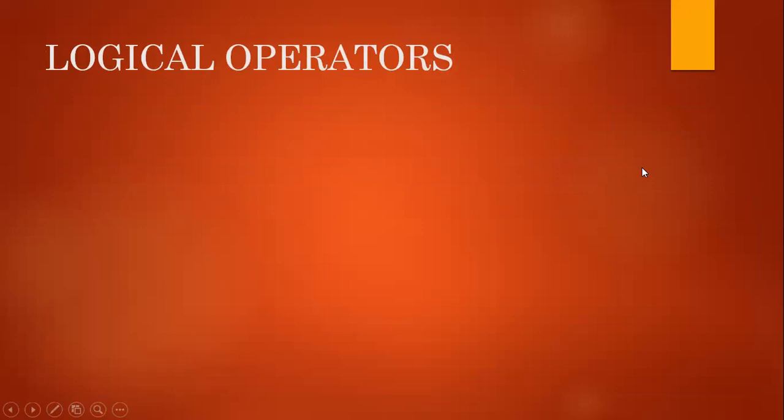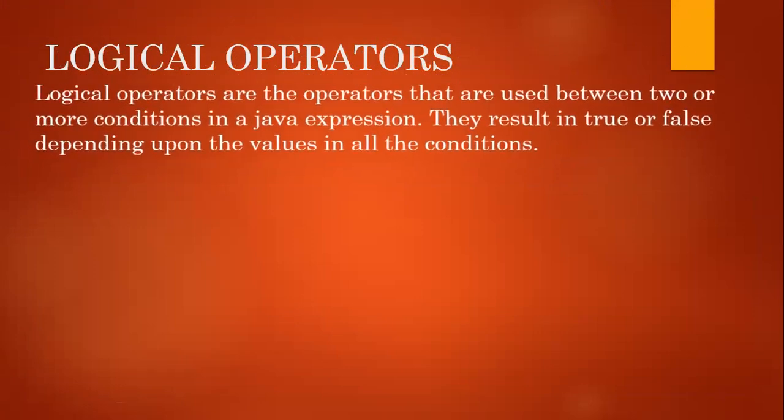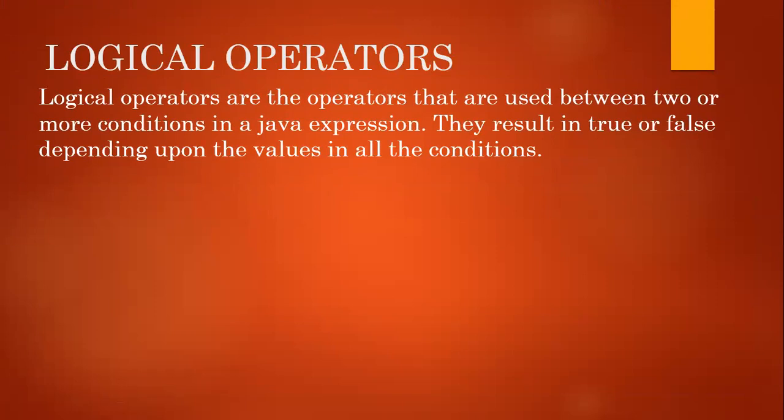We have another kind of operators, that is logical operators. Let's talk about logical operators now in detail. So what are logical operators? Logical operators are the operators that are used between two or more conditions in a Java expression.